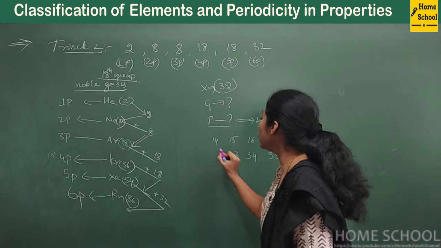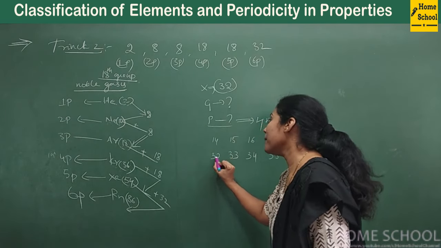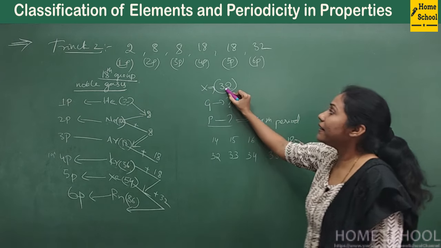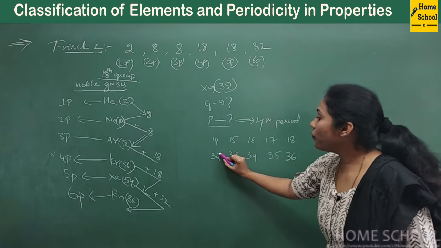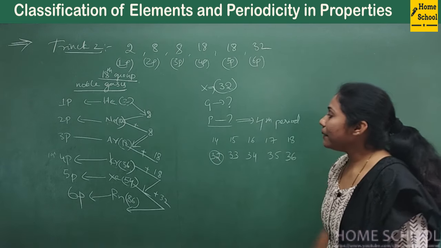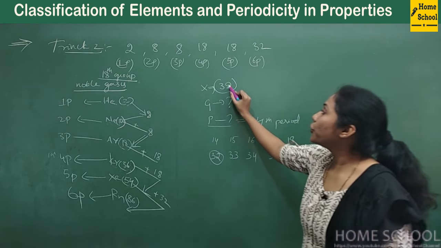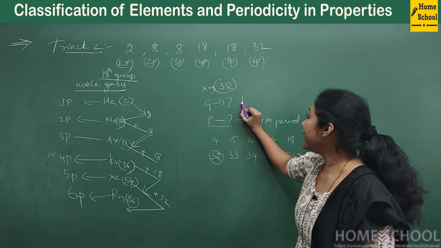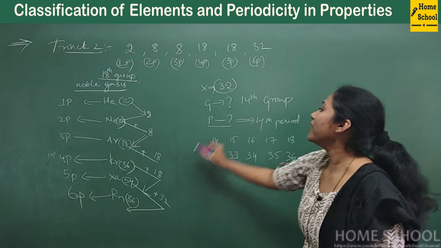In the 14th group, there is the element with atomic number 32. You want the group number of the element with atomic number 32, and it is coming in the 14th group. So the group number of this element is 14.